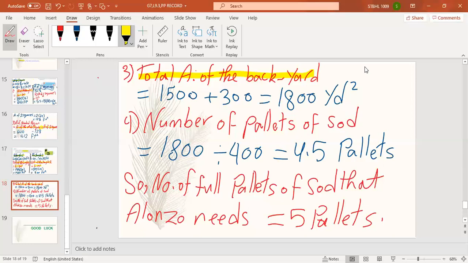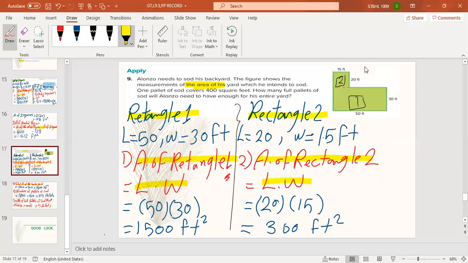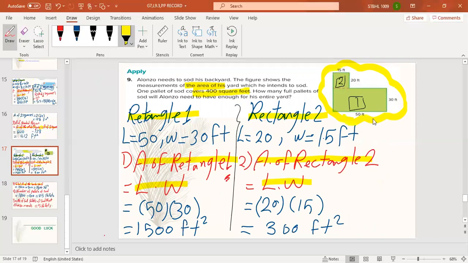So if one pallet covers 400 square feet, for the whole area, how many pallets do we need? This is the question. It means I'll divide the area of the composite figure by the pallet coverage. I'll divide the whole composite area by 400.